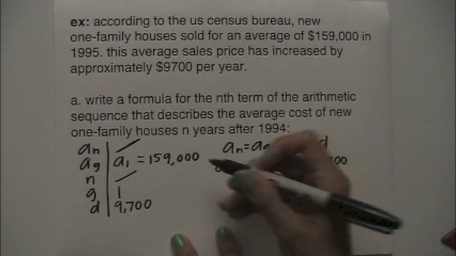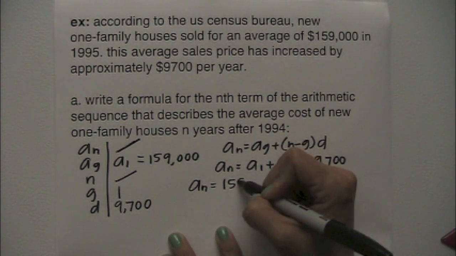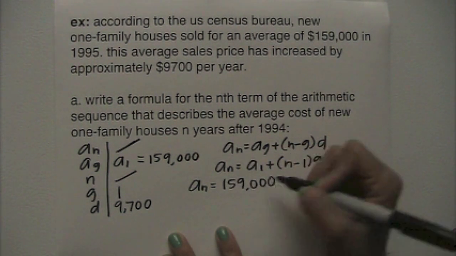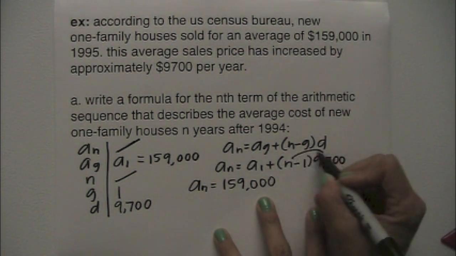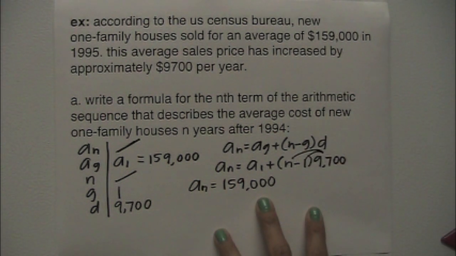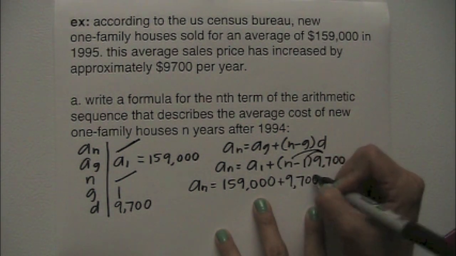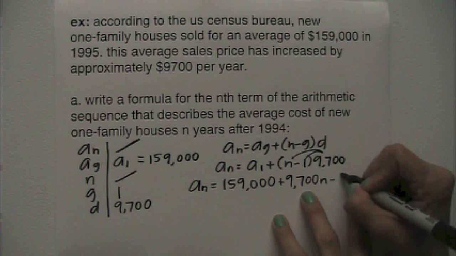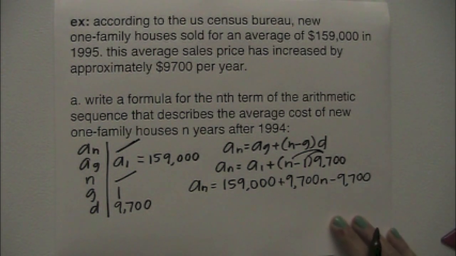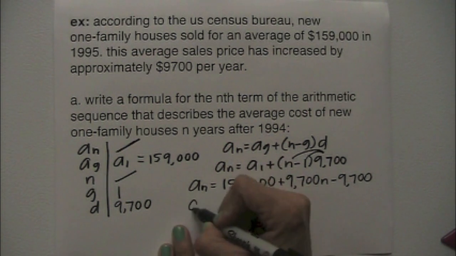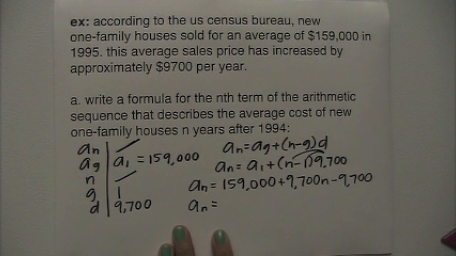We're given a sub 1, so we're going to plug in 159,000. I'm going to distribute this 9,700 and finally combine like terms, and we have a formula for the nth term of the arithmetic sequence.